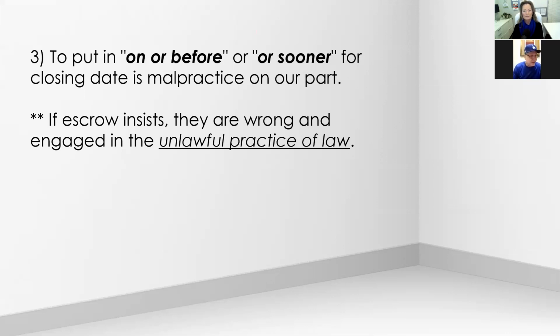And the lawyer said, if a cop pulls you over and you say, well, everybody else was speeding too, you're still getting a ticket, and it's the same principle here. It doesn't matter that other agents are writing in "on or before." They were really strong about this. They said it is malpractice.